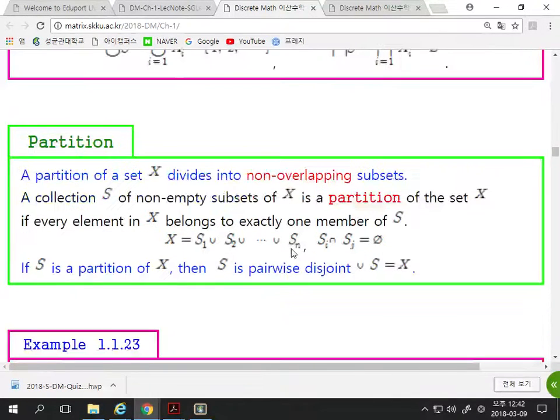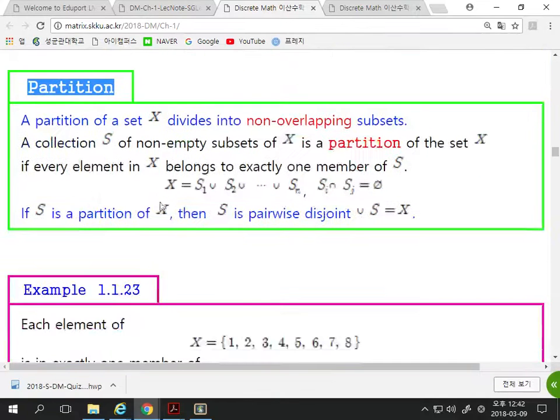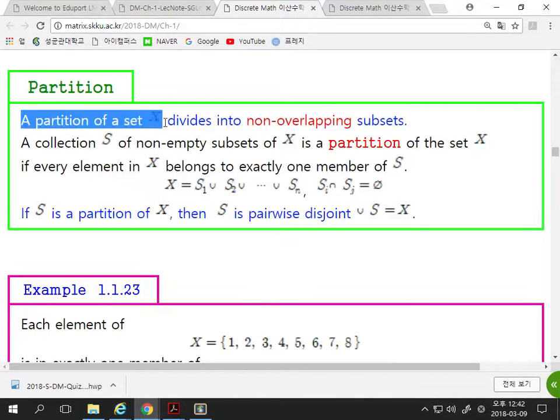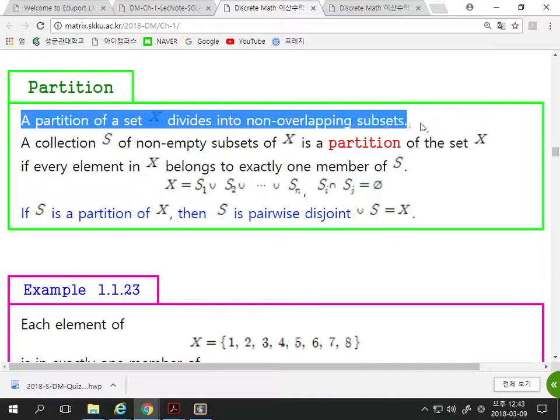And here, partition. I think this may be a new concept for most of you. A partition of a set X divides it into non-overlapping subsets.